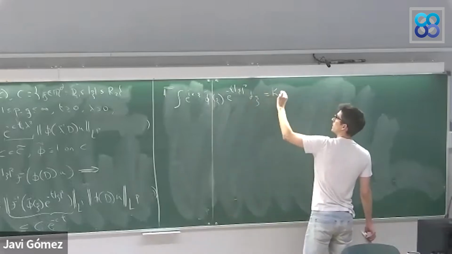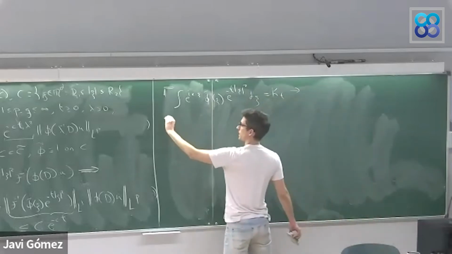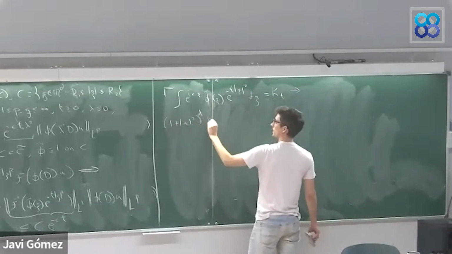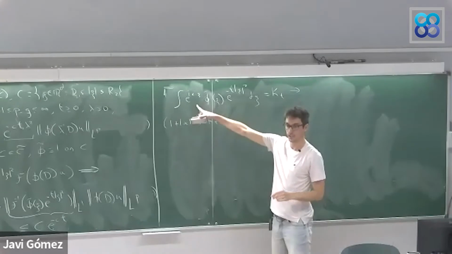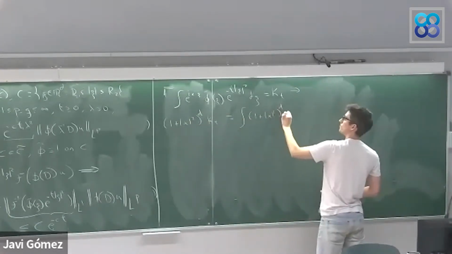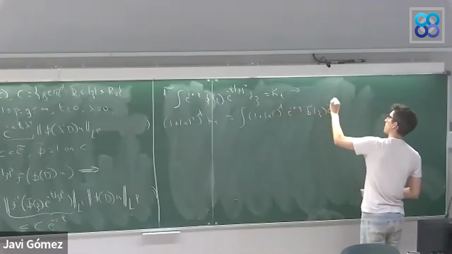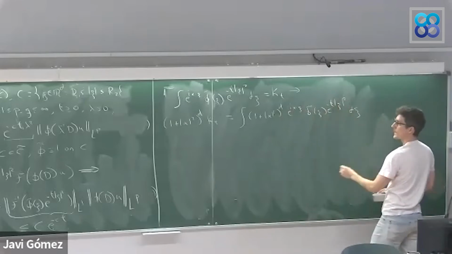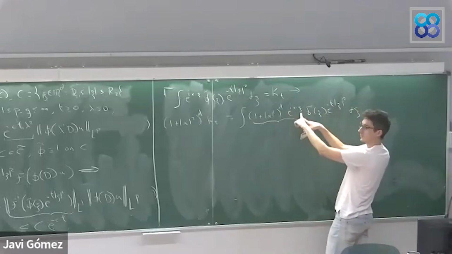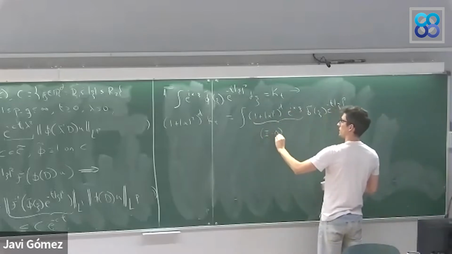Let's call this KT. So to prove that this is in L1, like we did the other day, we multiply by this quantity, KT. And now when we put this inside, multiplying by x is the same as taking derivatives in chi. So this is identity minus lambda d.